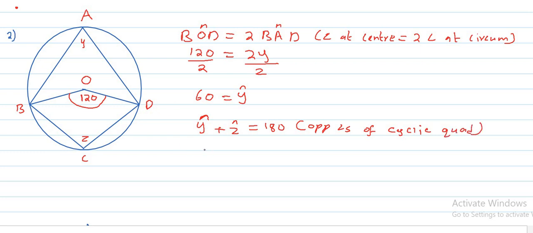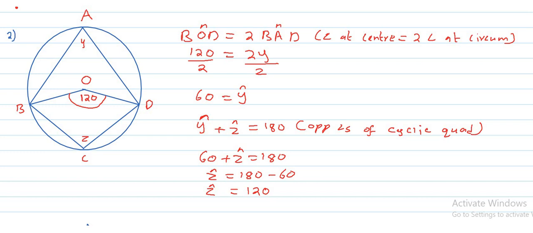Our angle Y, we got 60. We'll say 60 plus angle Z equals 180. Then we transpose 60 to the right-hand side. Angle Z will be equal to 180 minus 60. What is 180 minus 60? It's 120. That's angle Z.